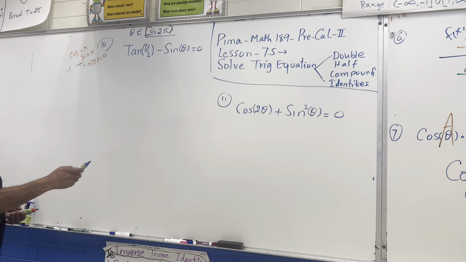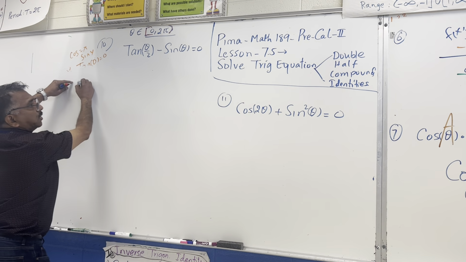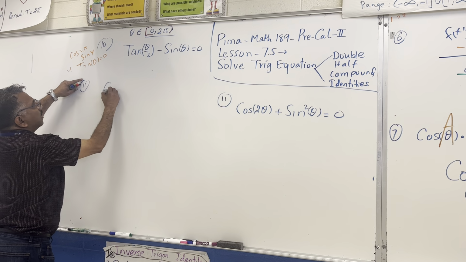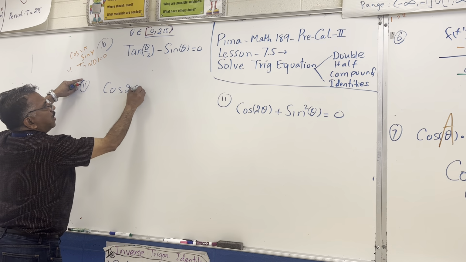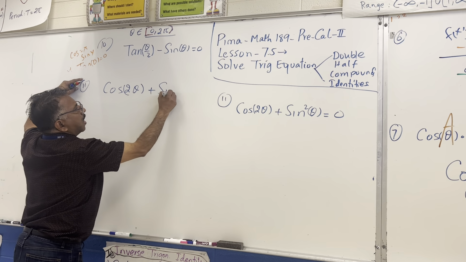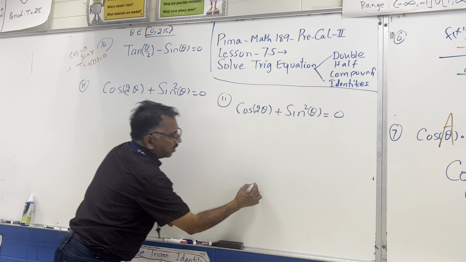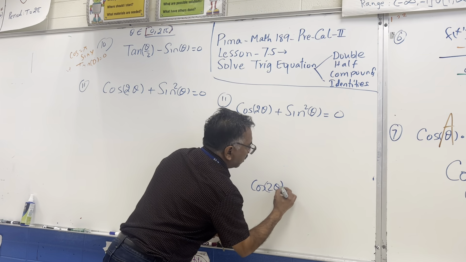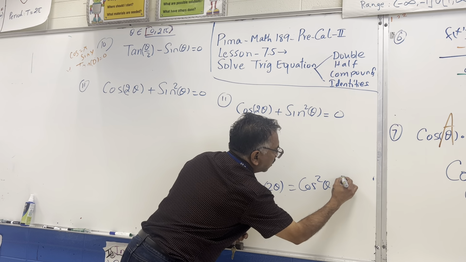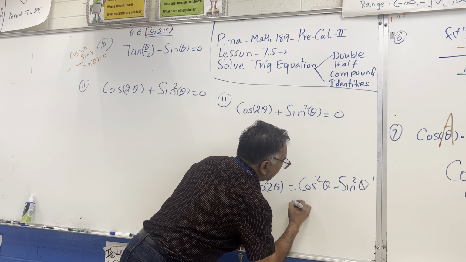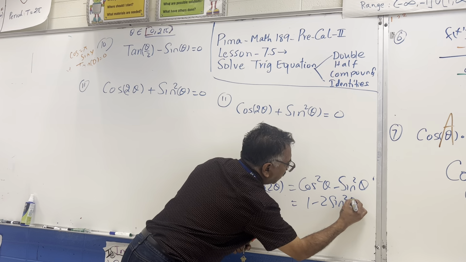Okay, finally, so this is 11, let me write it again: cosine 2 theta plus sine square theta equals 0. So replace, now you have cosine 2 theta here. You can, but there are so many options for it, right? So you have all these options.